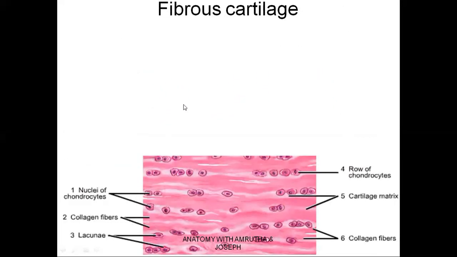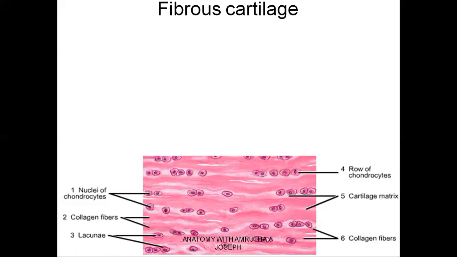The next type of cartilage is fibrous cartilage. Fibrous cartilage does not have perichondrium, that is understood from this picture, and the cell size is very small. In fact, fibrous cartilage has the smallest cartilage cells.